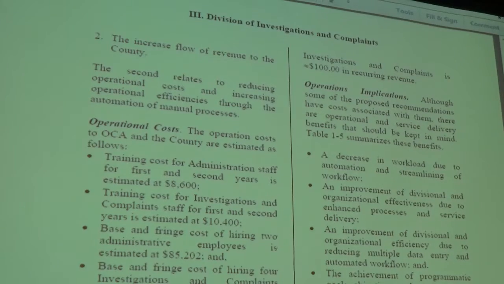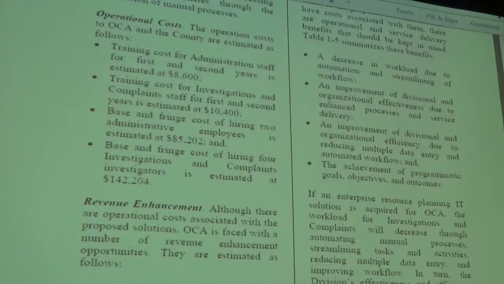We also looked at operational costs. How much would it cost to train individuals? What was any opportunity for revenue enhancement?